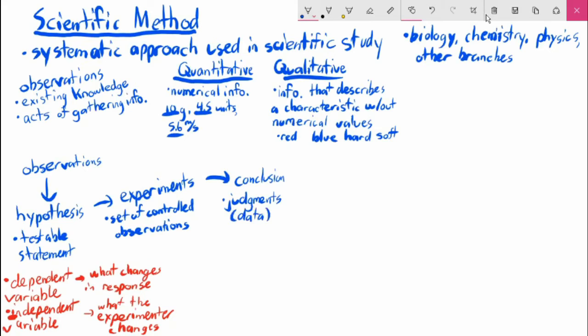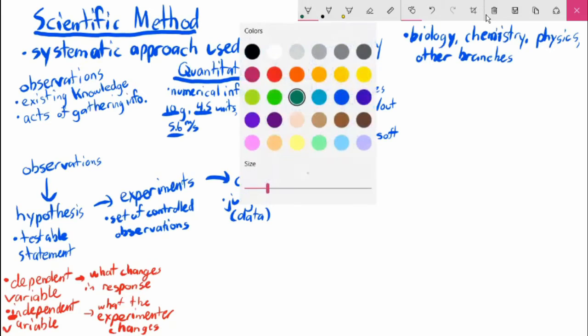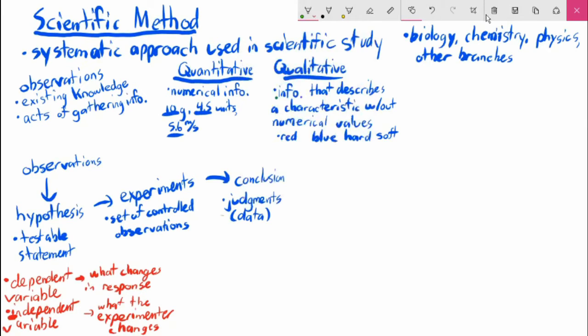So the data you collect in the experiment is the basis for the conclusion. And a conclusion is either going to support or reject a hypothesis. There is no in between. It either says, yes, it's good, or no, it's not good.